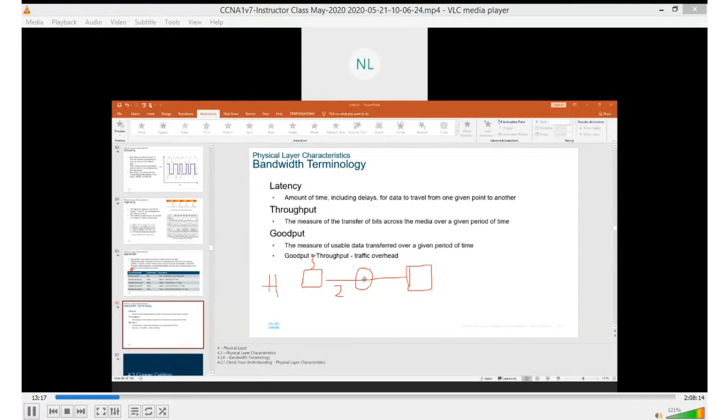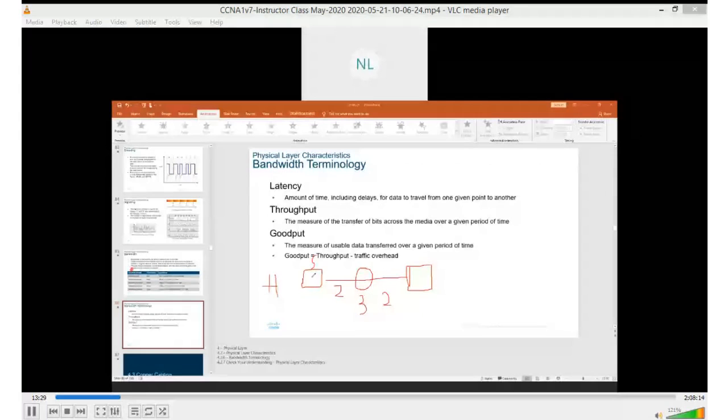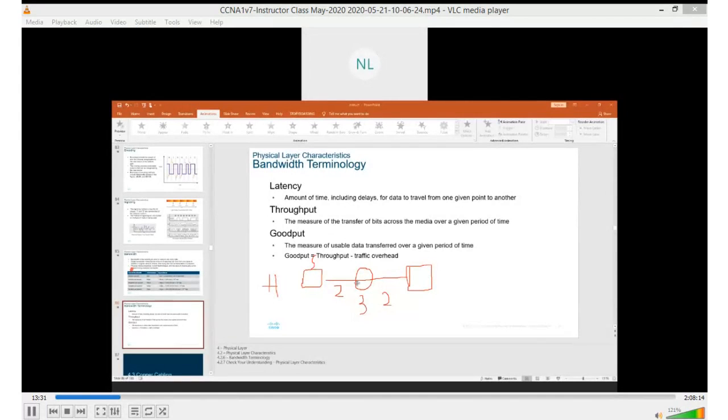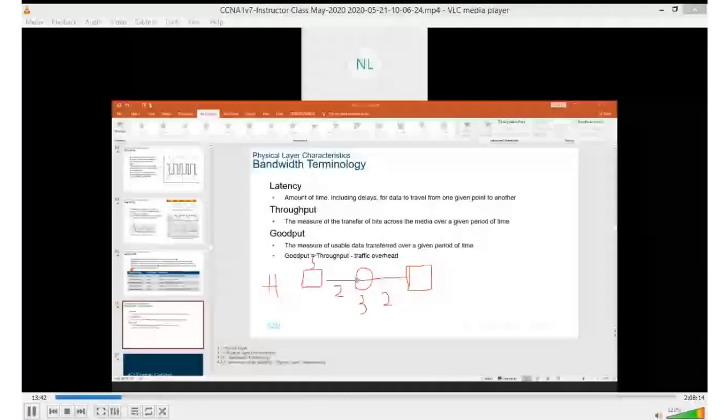But the router, because it's busy handling some other information, wasted time for about 3 seconds. And then from the router, when it sends, it took 2 seconds. Now, the latency from the source to destination is 2, 3, 2, which gives us 7. So the measurement is the time it took to get to the next device plus the delay.